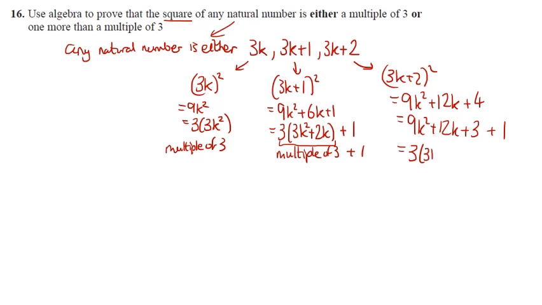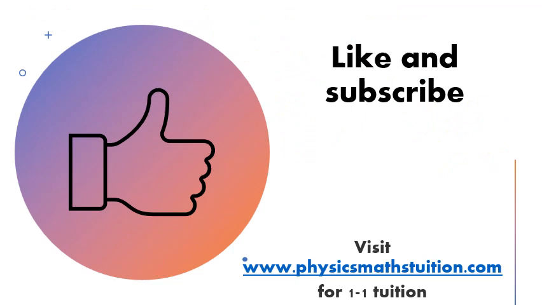And then we can take a factor of 3 out of the first 3 terms again. So again we've got a multiple of 3 plus 1. QED. And that's it. Paper finished.